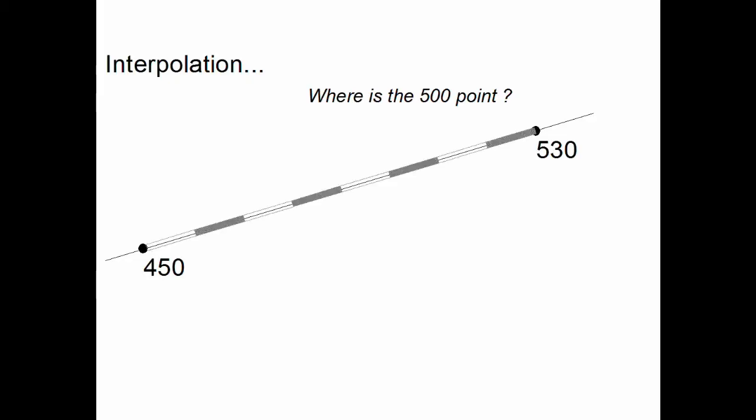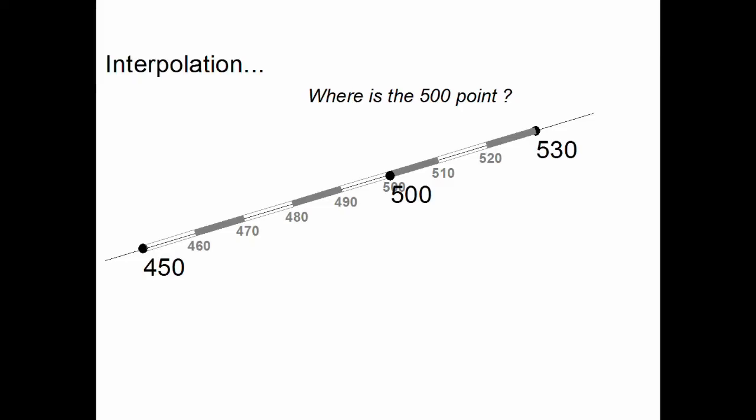Well, if you put an equally spaced scale between the 450 and the 530 point, and then ticked off values along this equally spaced scale, you can see that your estimated 500 elevation point would be right here. Now, how accurate is it?